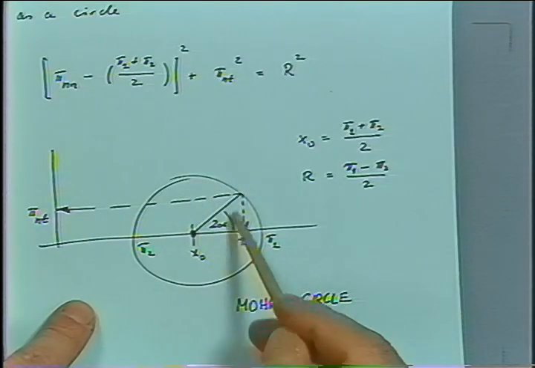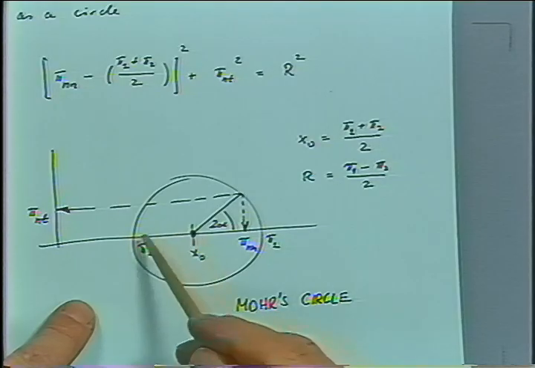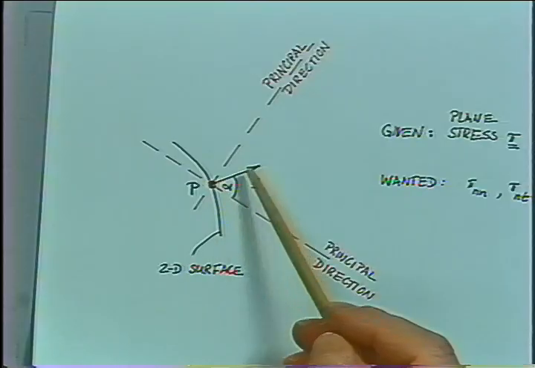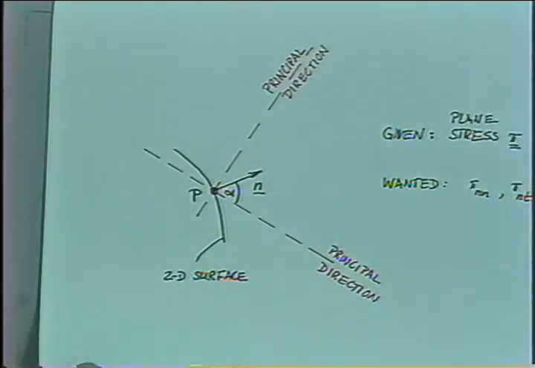And as 2 alpha goes to 180, or alpha goes to 90 degrees, we have our normal here reaching the second principal direction, and we are having the second principal stress then, and no shear stress anymore.